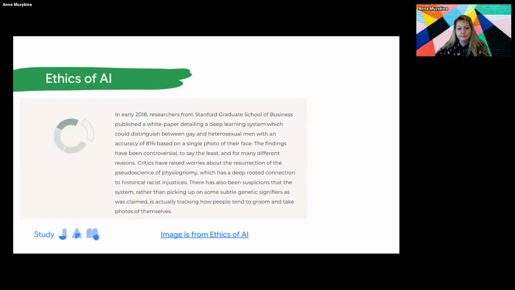How do we fix it? There's no magic button. We can try to remove sensitive information, but that doesn't always work. We can try to balance the data, but that's not always easy.